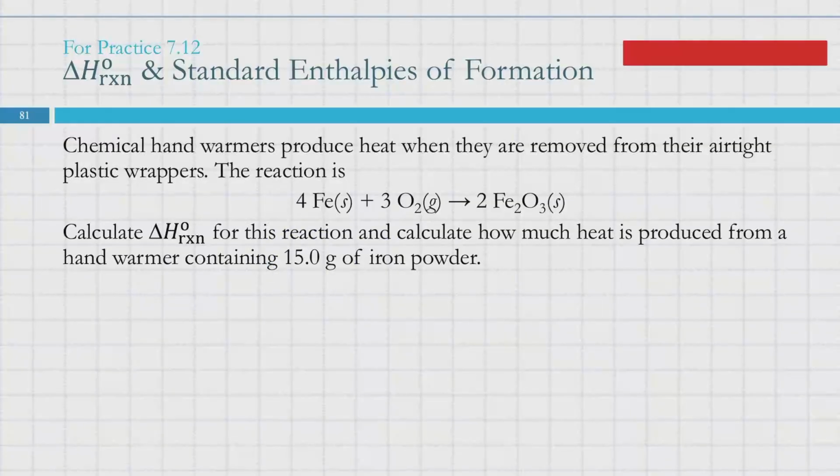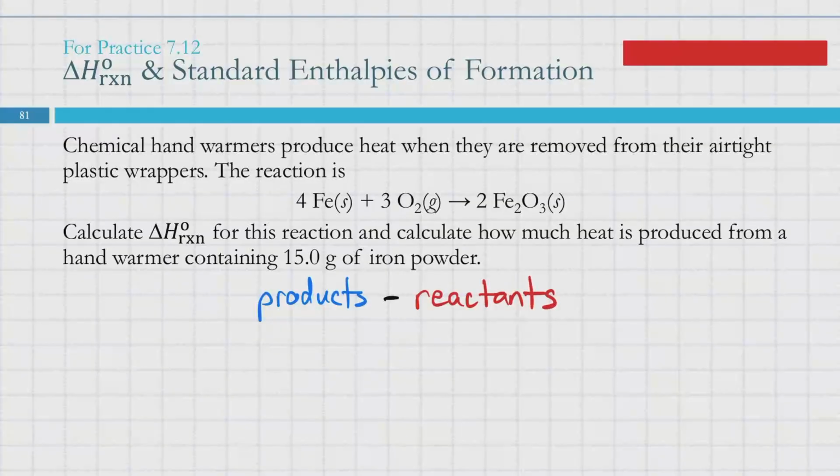Assume all 15 grams react. So we need to calculate our standard heat of the reaction. How are we going to do that? Yeah, subtracting reactants from products, or products minus reactants.